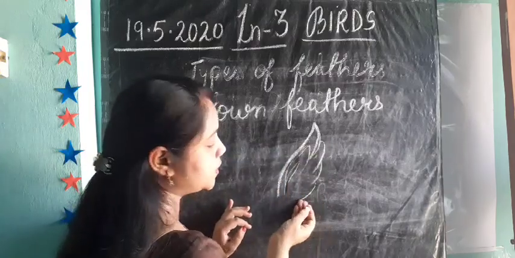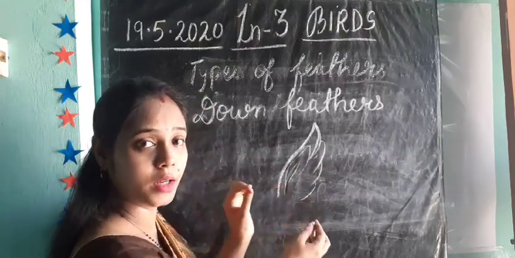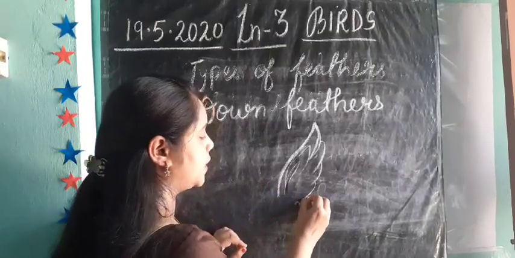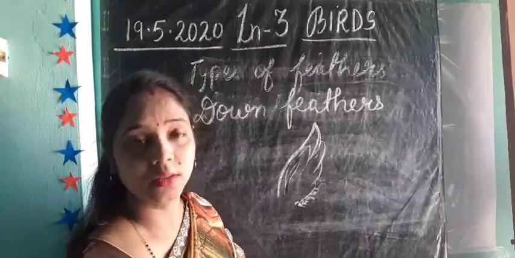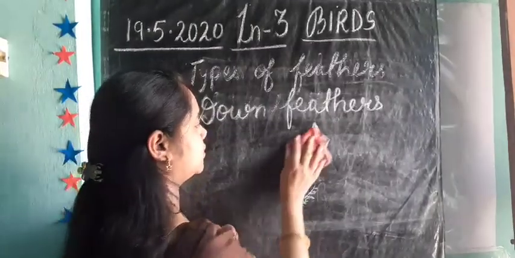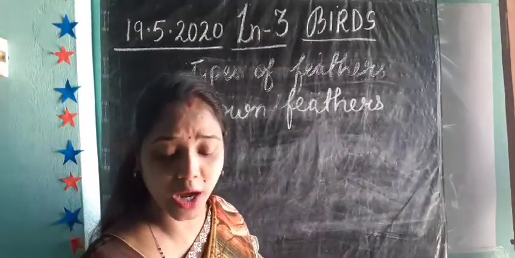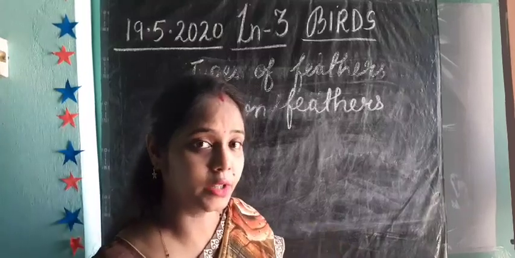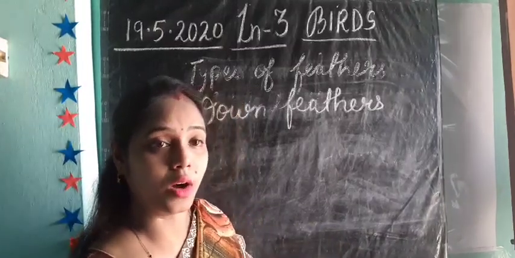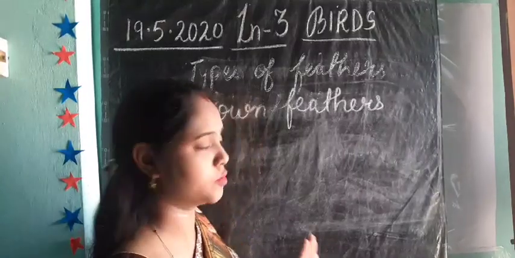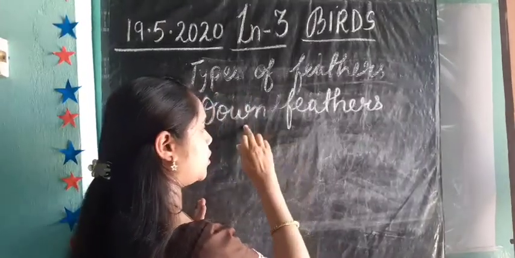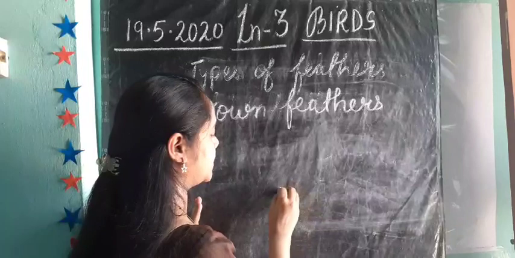But under the wings, small feathers are there. That is called the down feather. Because it is found under the flight feather, that is why it is called down feather, the first layer of the feathers, okay? So the structure of the down feather you can draw like this.